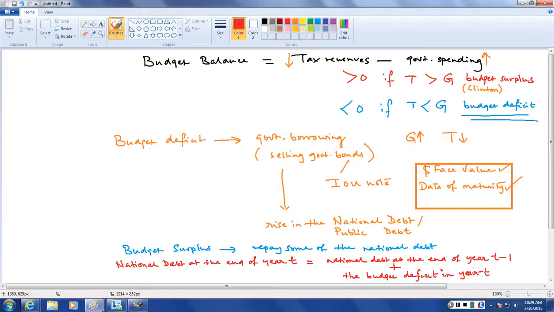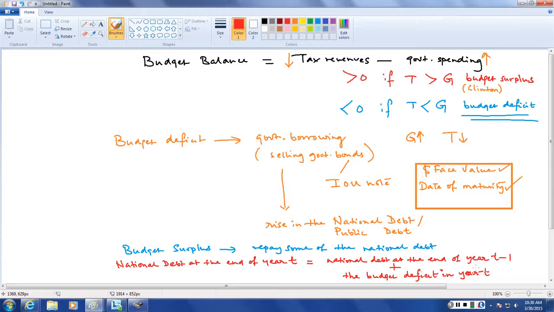So the national debt at the end of year T would be the national debt at the end of the previous year plus the additional borrowing of the government this year. Correct? The budget deficit this year would be the amount the government has had to borrow this year. So this will simply add up to the debt at the end of last year. And this will give you the total indebtedness of the government at the end of this year. Simple enough, right?